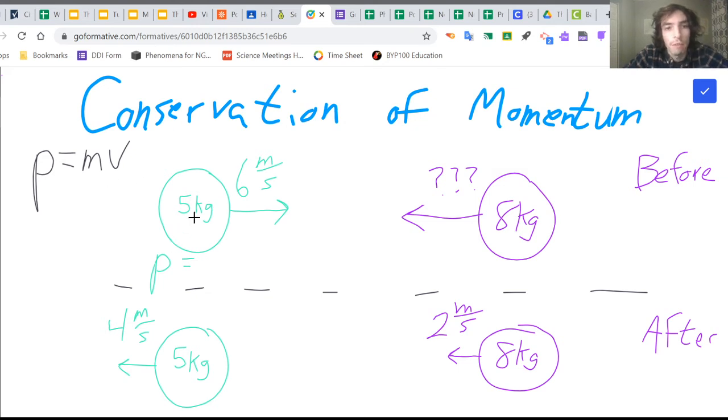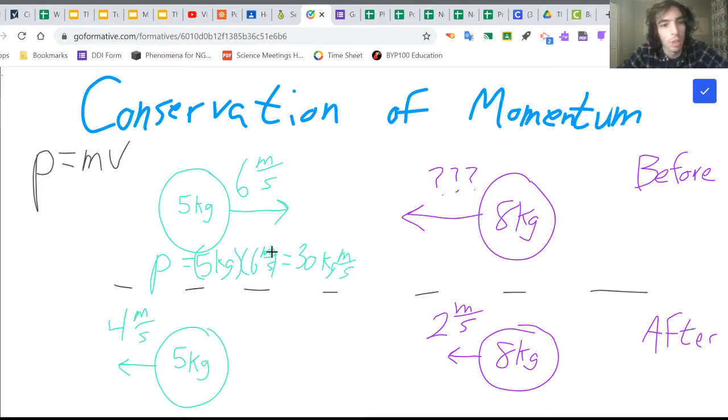So here we have 5 kilograms as the mass times the 6 meter per second velocity. So it looks like this would be 30. And then the units for momentum are these sort of smashed together units, kilogram meters per second.